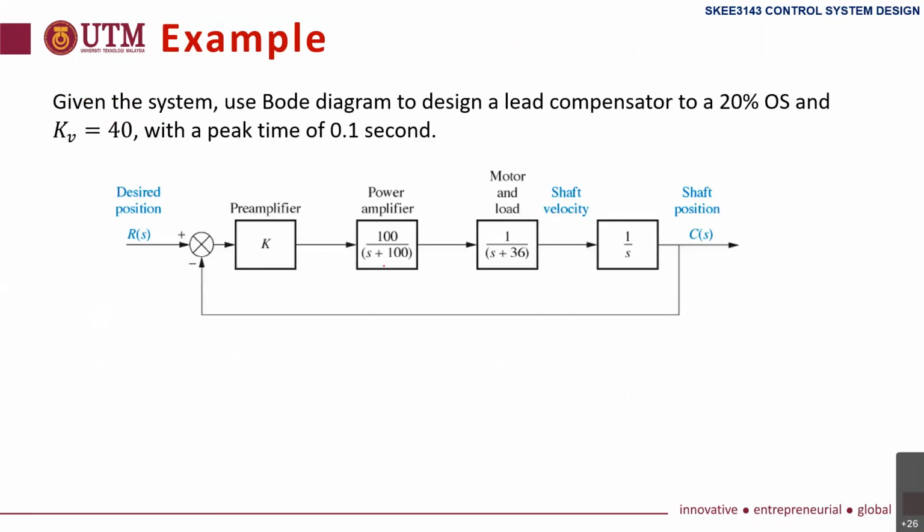Given this system, use the block diagram to design a lead compensator to achieve 20% overshoot and Kv of 40 with a peak time of 0.1 second. Meaning we want to improve the transient response, and we can improve the response by using the lead compensator.